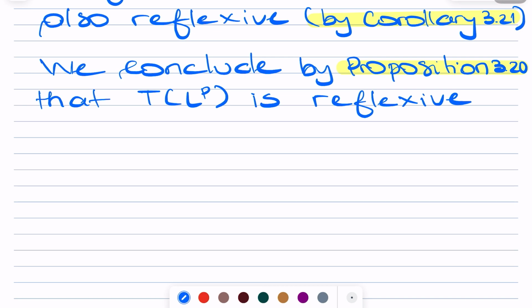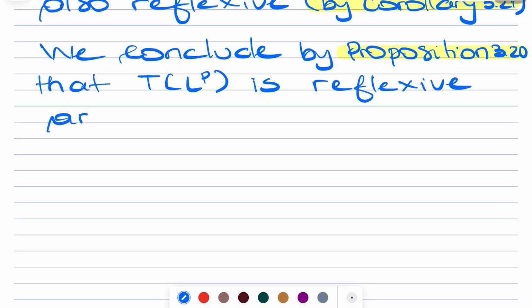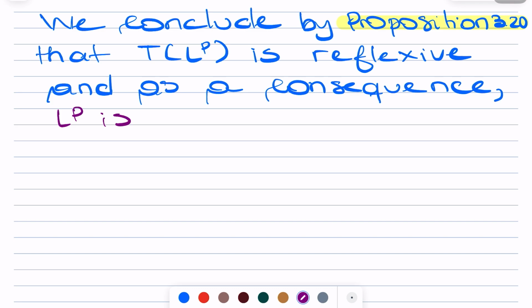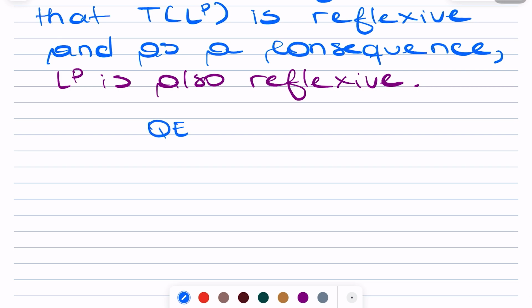So T(L^p) is a closed linear subspace of the dual space of L^p', which is reflexive. So T(L^p) is reflexive, and as a consequence, L^p is also reflexive. So this ends the proof.